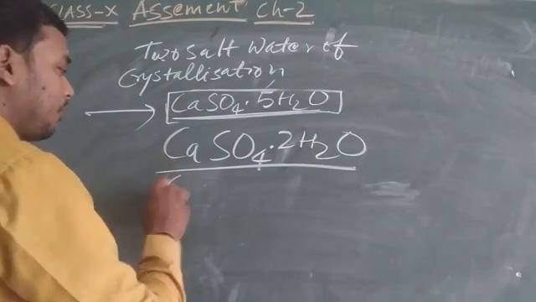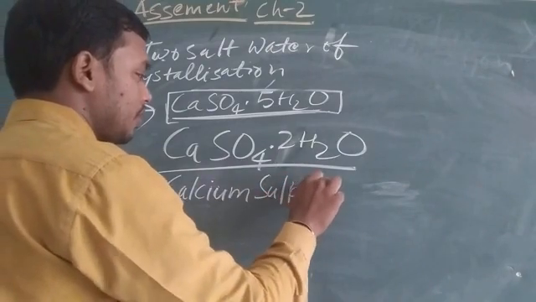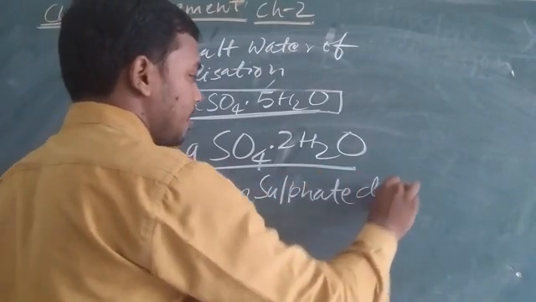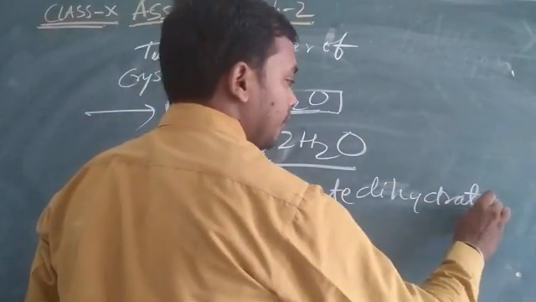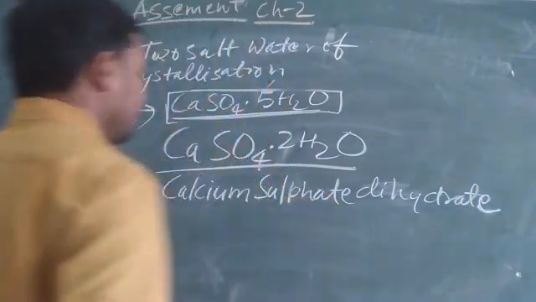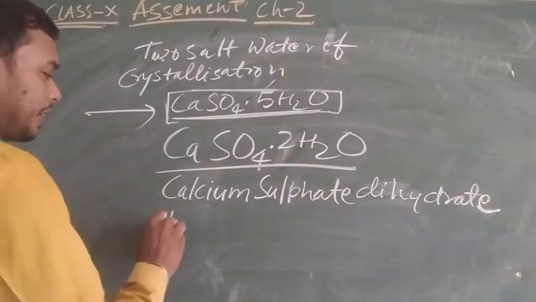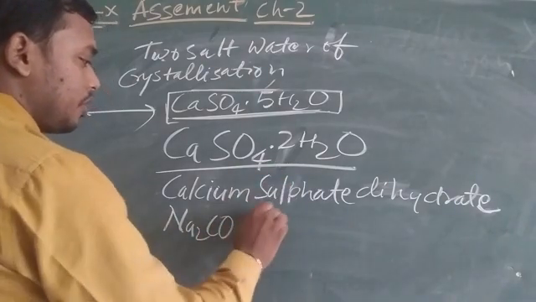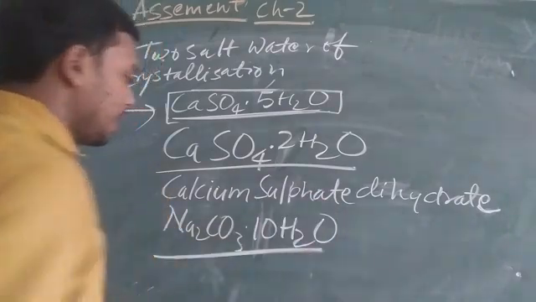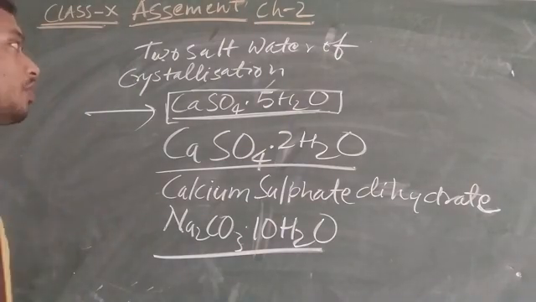And one more, that is Na2CO3 into 10H2O, and its name is sodium carbonate decahydrate. So in this way there are two salts with water of crystallization.